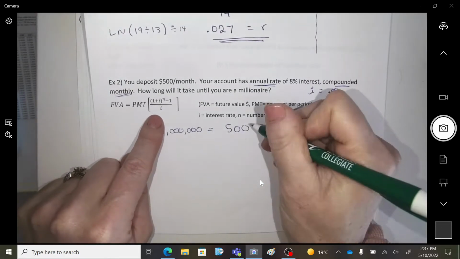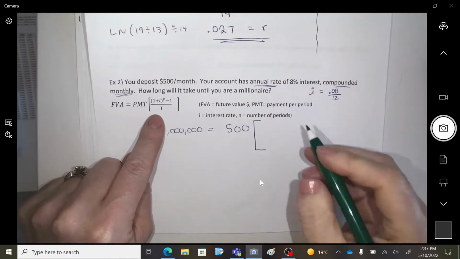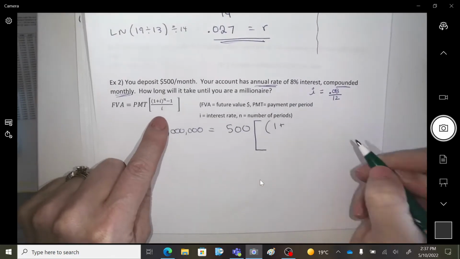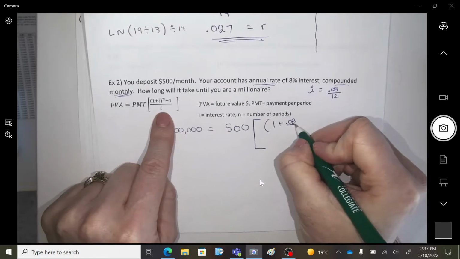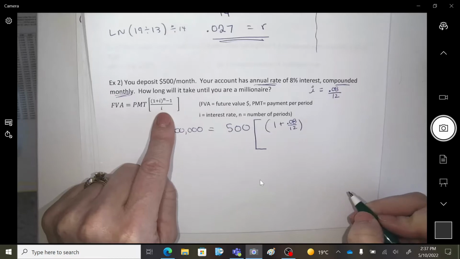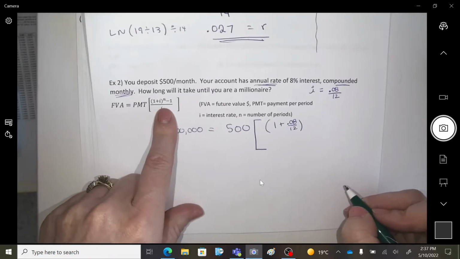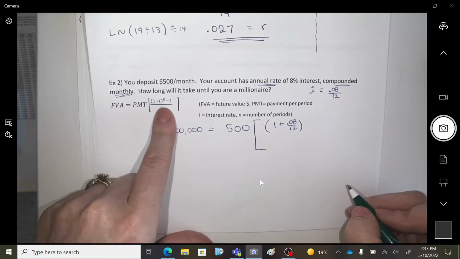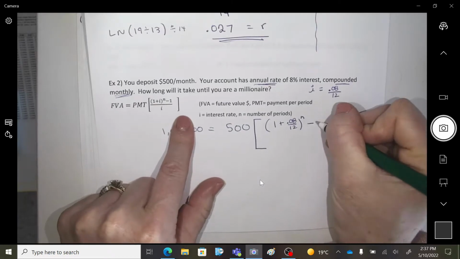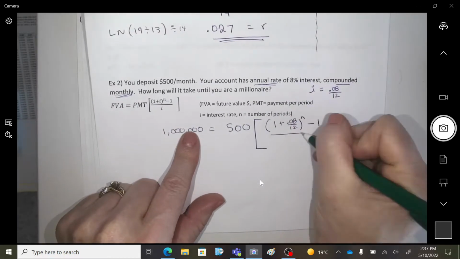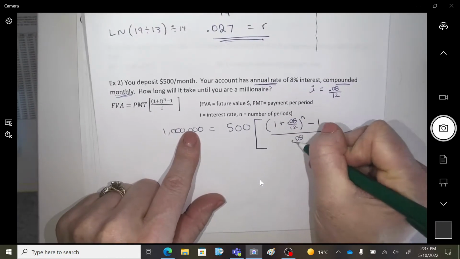So 500. 1 plus the interest, so 0.08 divided by 12, to the n, which is the amount of time periods. Do I know that? Nope. That's the unknown. Minus 1 over the interest.